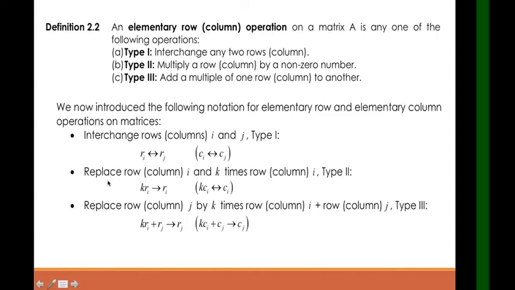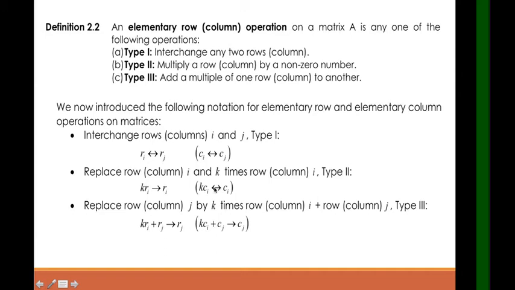Now, replace row or column I by K times row or column I for type 2, that is K R sub I to R sub I, or K C sub I. I think this is not interchange.